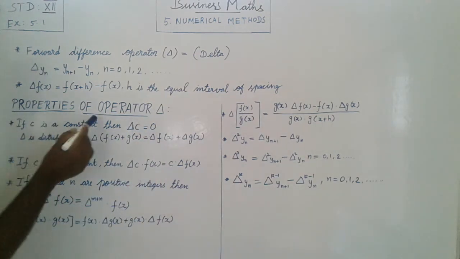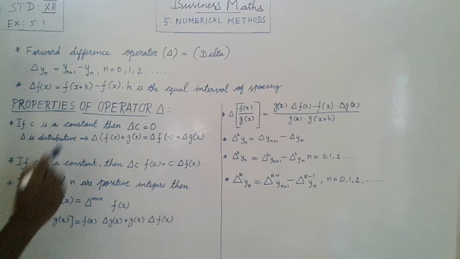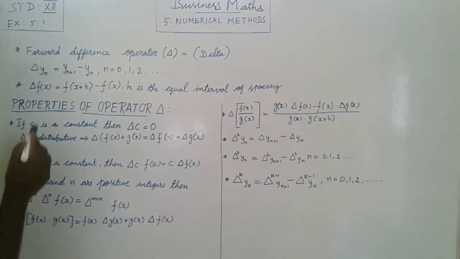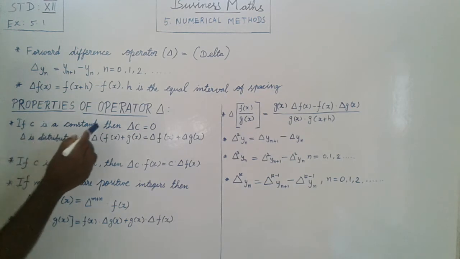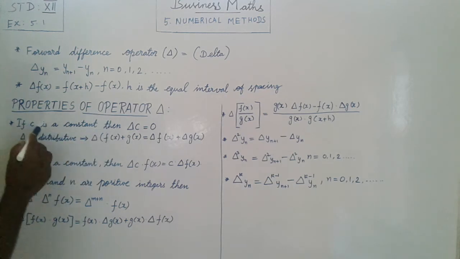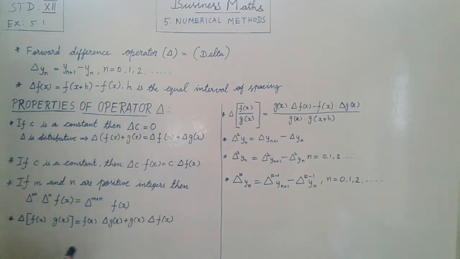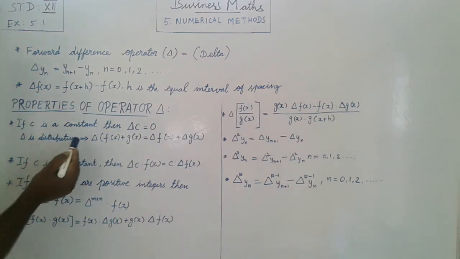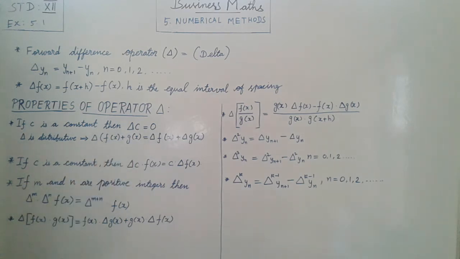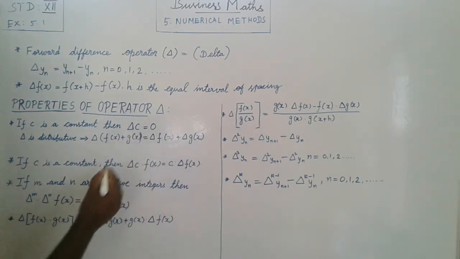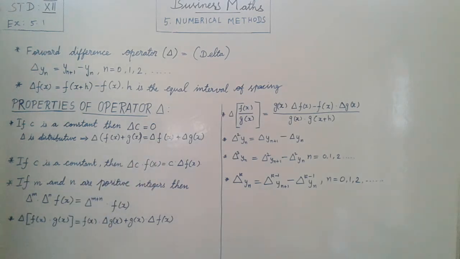Next, properties of operator delta. If c is a constant, then delta c equal to 0. This is one of the properties. Delta is distributive. Delta of f of x plus g of x equal to delta f of x plus delta g of x.